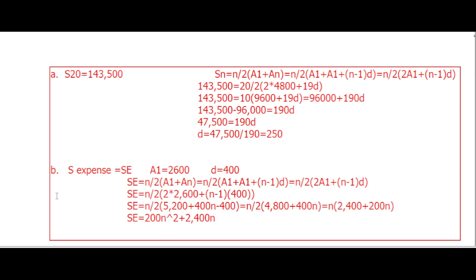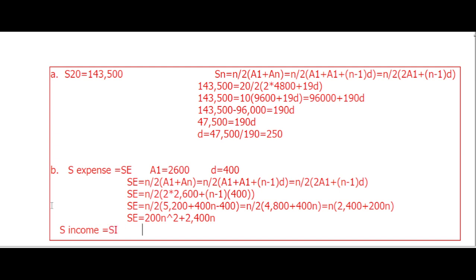Now the other thing, let's find for S income. S income can be expressed, S income is equal to, let's express SI.